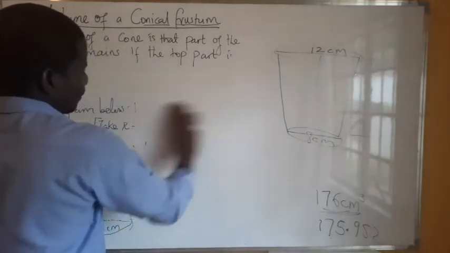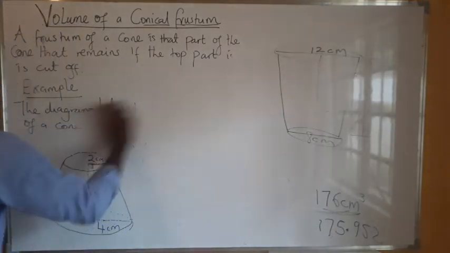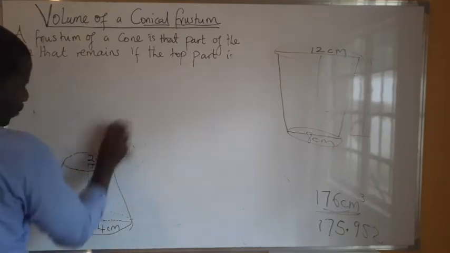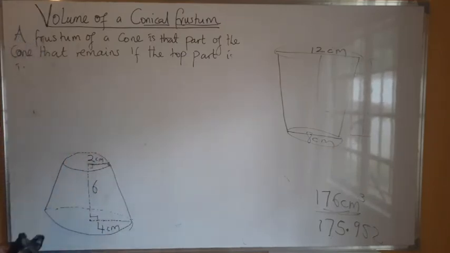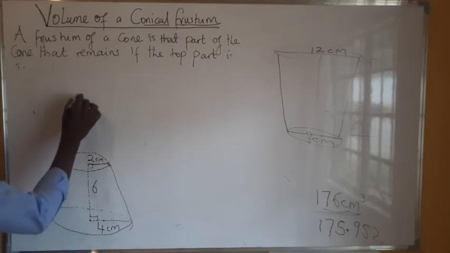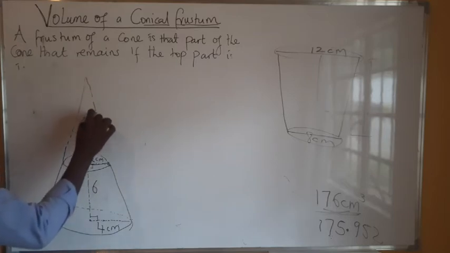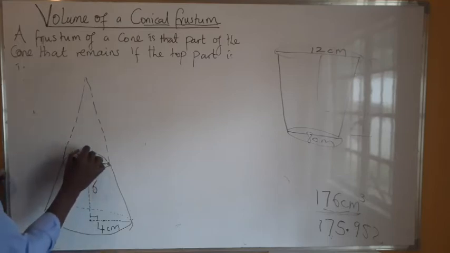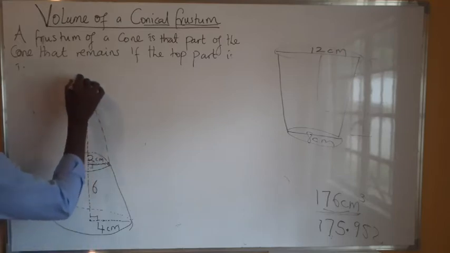So now, the formula that is very common in the books is where we write this one, we extend this one as a full cone. Then even this middle part, we extend it up to here. Okay?